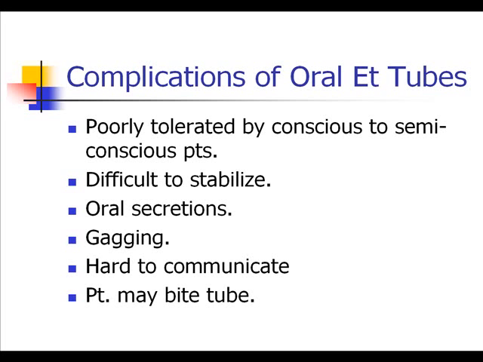It's hard to communicate with them. Trying to talk around the airway makes it very difficult to read their lips. And sometimes patients, when they fight the ventilator, may bite the tube, which would result in resistance, and if they're on a ventilator, would cause their high pressure alarm to continually go off.